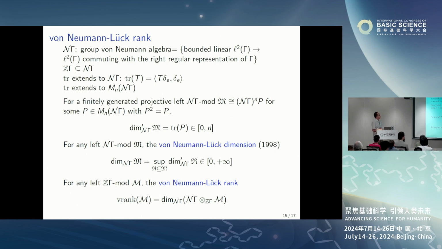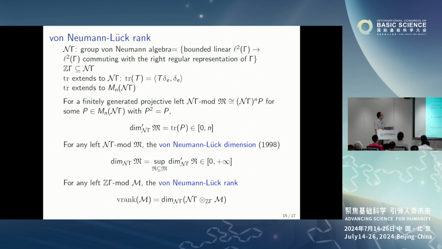Then for a finite von Neumann algebra with trace, for any finitely generated projective module over the von Neumann algebra, one can talk about the dimension of it. This is very standard in K-theory for the K-zero group. So you write the module as coming from some idempotent, then you take the trace of the idempotent.